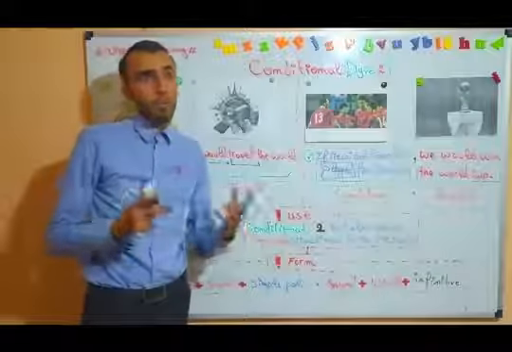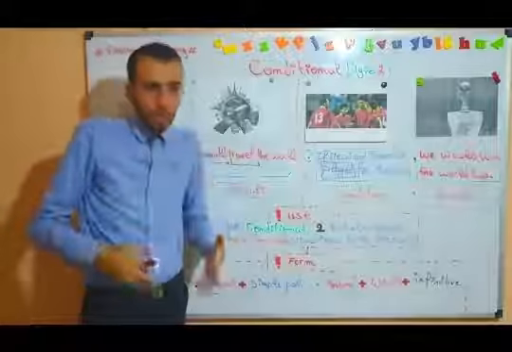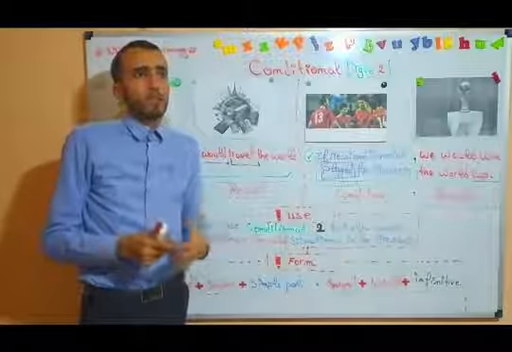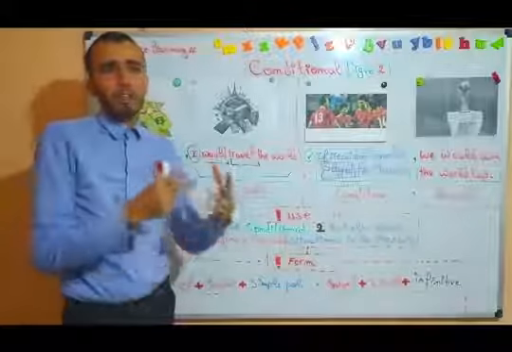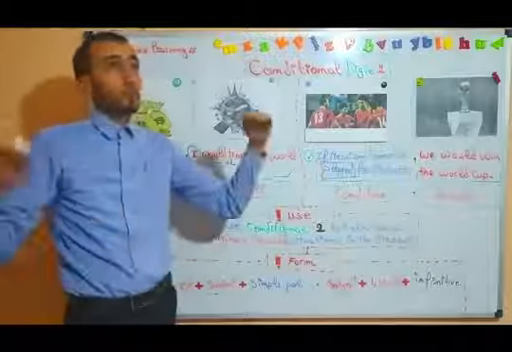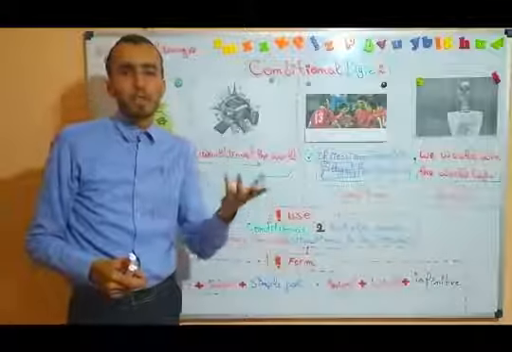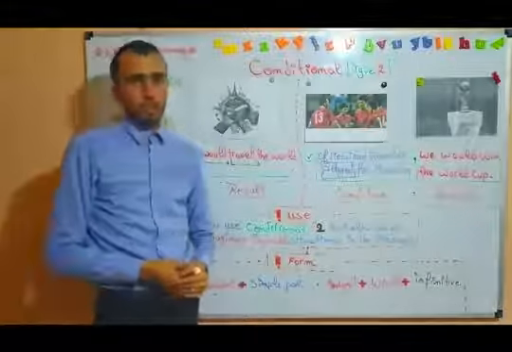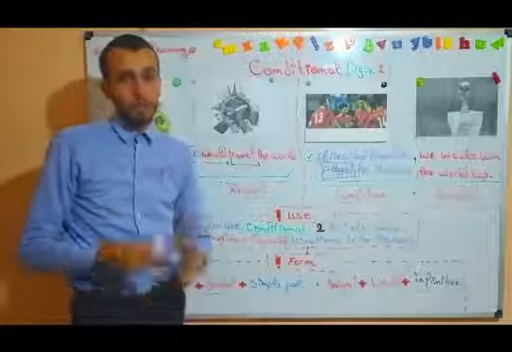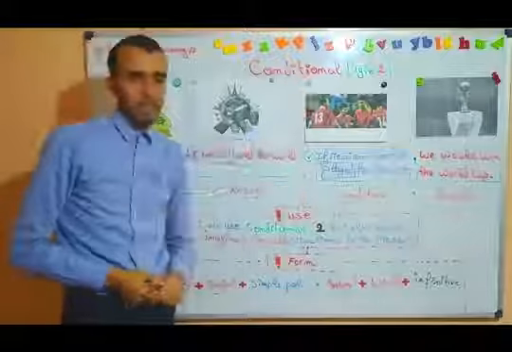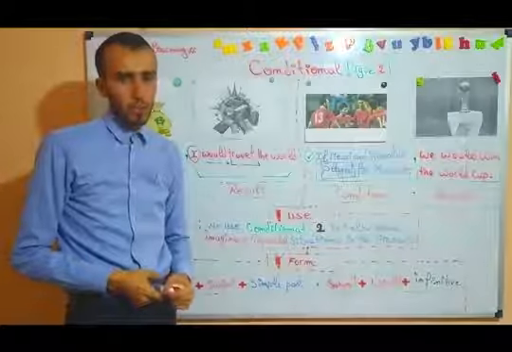So these are all imaginary situations because right now, at the moment, I am not rich and I don't have that amount of money to live on my own island or to have an airplane. They're only imaginary situations. So I hope you have gained now a full understanding again of the concept of conditional type 2.